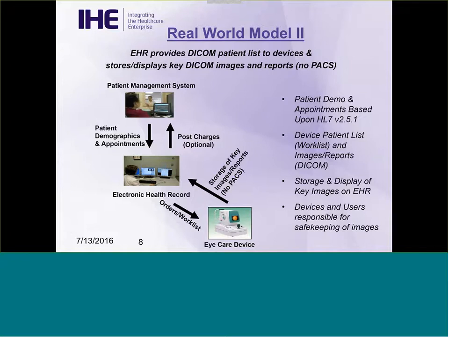But the main difference here now is that an eye care device, your modality, needs to be able to select key images to store on that EHR. So I cannot have just the capability that says everything that I generate on my device, I'm going to blast to the EHR. That's not allowed as part of RealWorld Model 2.